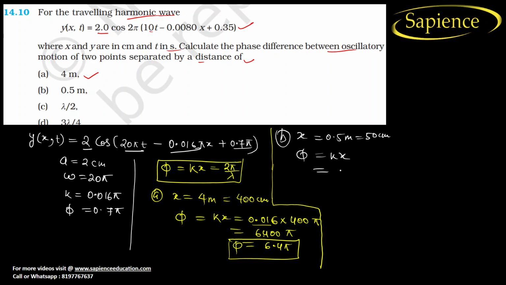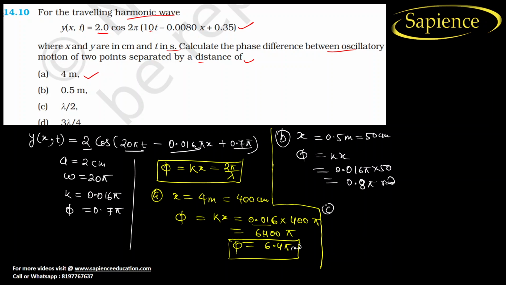So this will be equal to 0.016π into 50, which is equal to 0.8π is the phase difference. And all the things will come in radian, so put here radian.